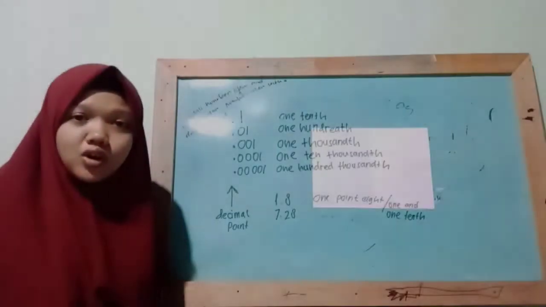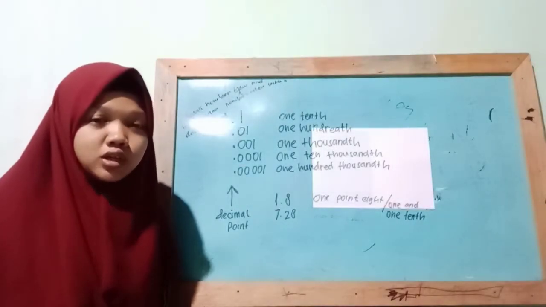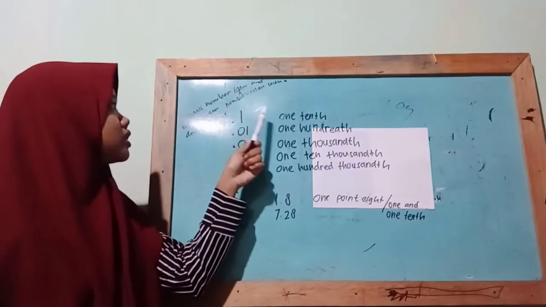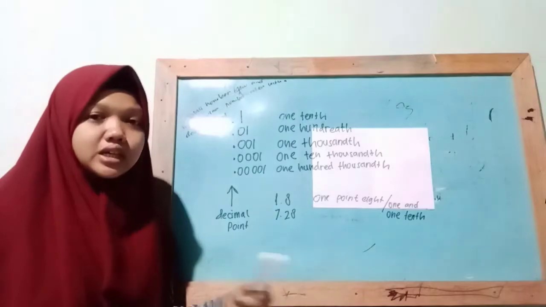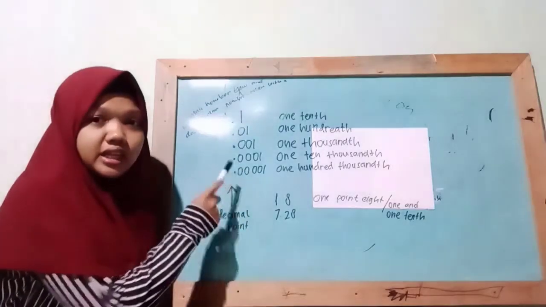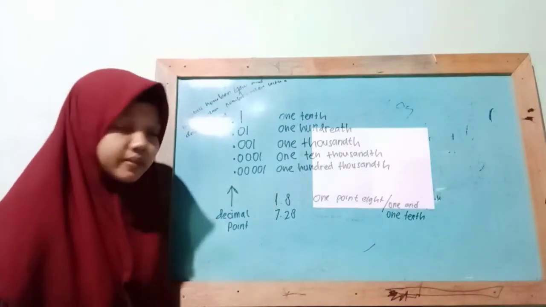Okay, I would like to talk about small numbers, and in particular numbers written with a decimal point. This dot in here is called the decimal point.